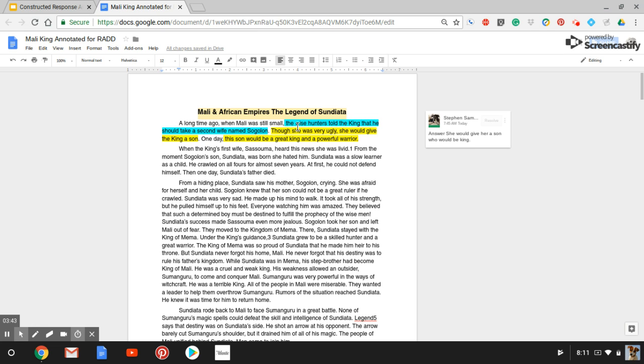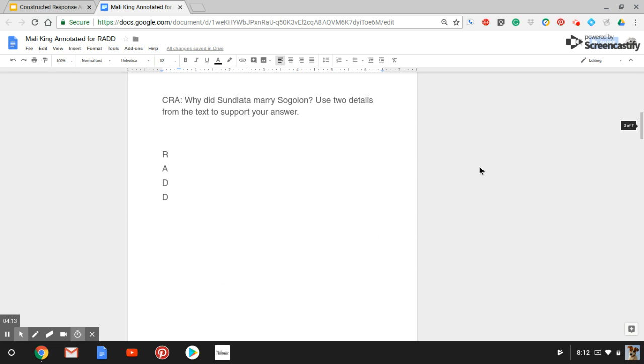And you see that I highlighted he was told that he should take a wife by these really smart hunters, and the reason they told him is she would give the king a son, and that the son would be a great king and a powerful warrior. And so my answer to the question is she would give him a son who would be king. And I'm ready to write my CRA.